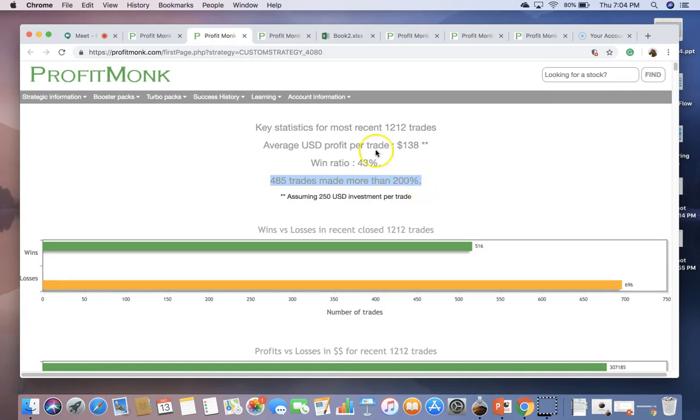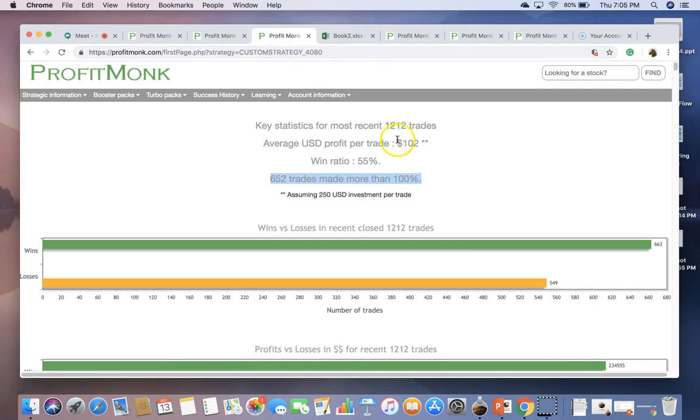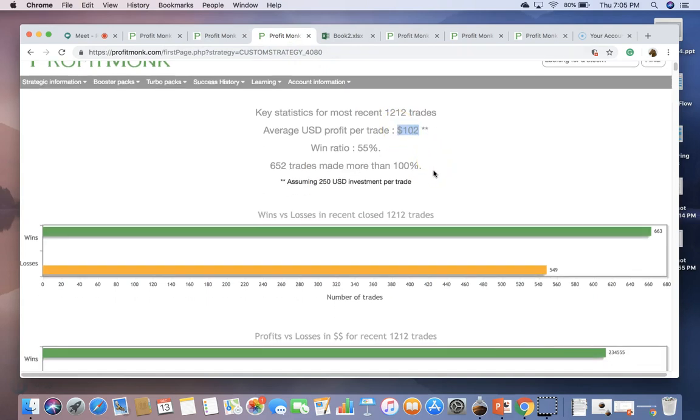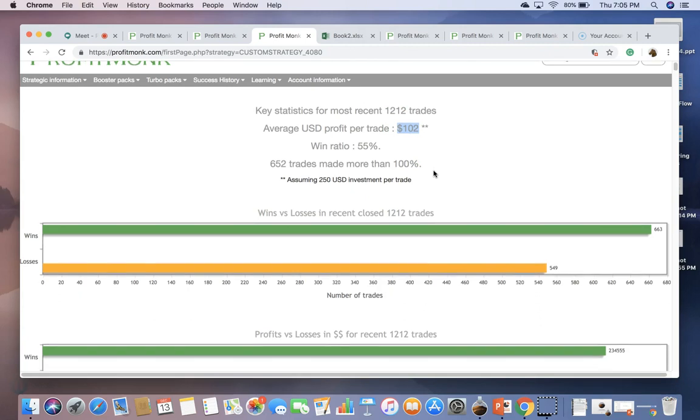So your win ratio is less, but effectively, that happiness will cost you a little bit of money, because your expected profit per trade goes down from 138 to 102. Not bad still. And then depending upon what your style is, you could choose either.